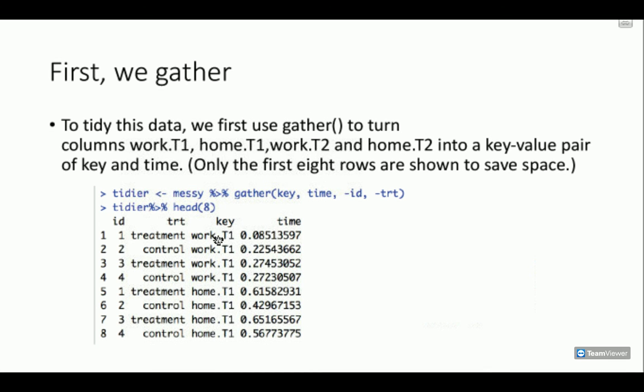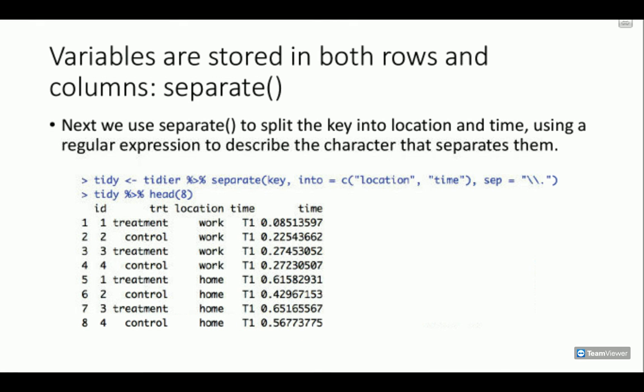The splitter may not be a dot. It may be anything. It may be a colon, a semicolon, a comma, or anything. So you'll have to give it the separator, and you cannot directly give a dot because a dot in R terms means the current directory.